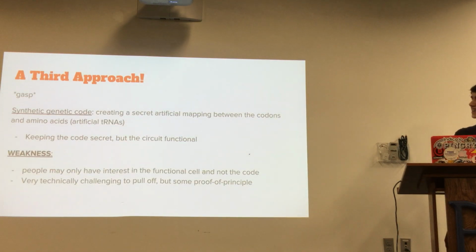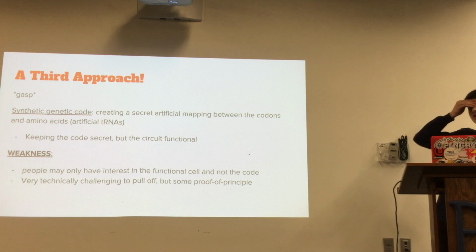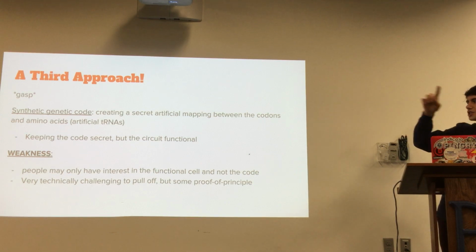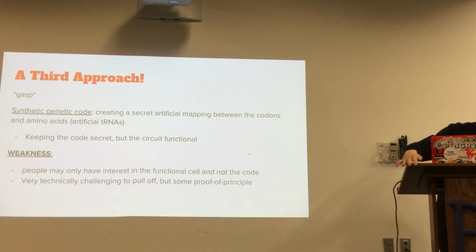And there's a third approach, I know. So they mentioned it in the end. They kind of hit you by surprise. This kind of way is a little more interesting, in my opinion. So it's like a synthetic genetic code, where essentially you can't interpret the genetic code because they change the mapping between the codons and the amino acids by putting in these artificial tRNAs.